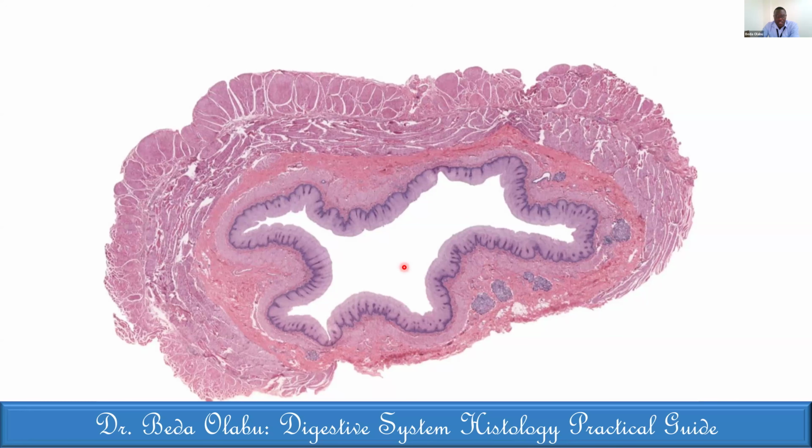Now, this is still esophagus. Now the whole profile. If you look at the lumen of the esophagus, you'll see this fold, that fold, that fold, that fold. Considering that this has been cut transversely, it means that these folds were running vertically. So these are the longitudinal folds of the esophagus.